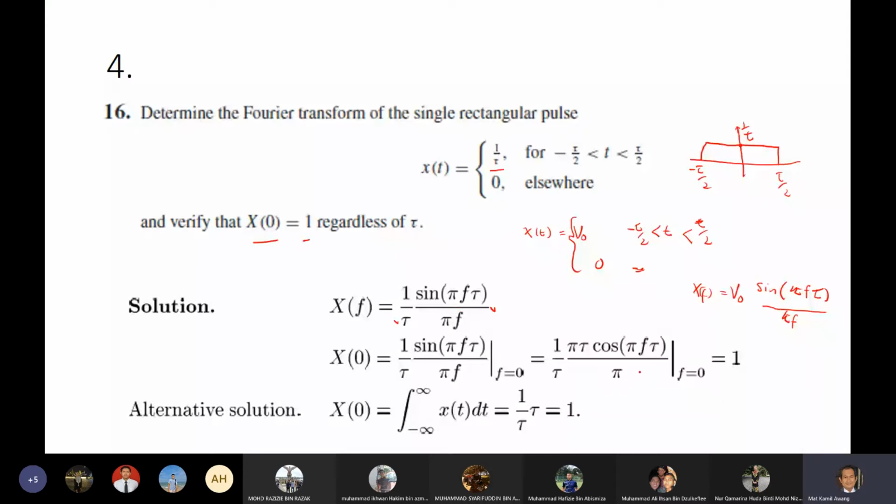But for the limit as f goes to 0, this equals 1. Or you can do an alternate solution: the integration from minus infinity to infinity of x(t) dt is equal to 1 over tau times tau, so equal to 1.